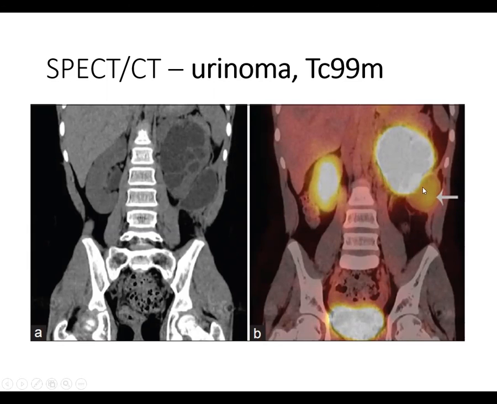This is not a lesion. This is urinoma near the left kidney, proximal to the left kidney. So you can see an example of hybrid imaging: a combination of precise anatomical detail with the functional imaging of the nuclear scan.